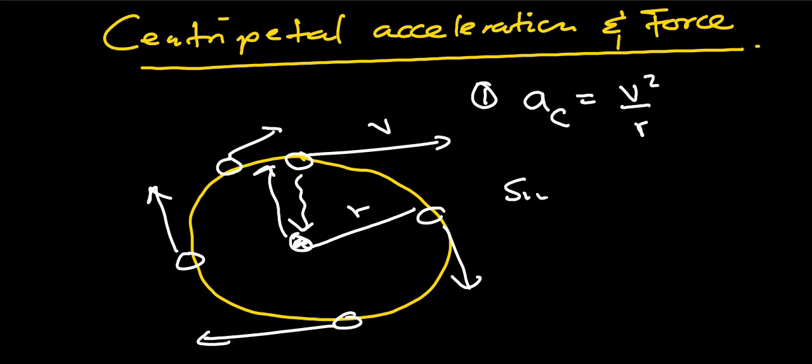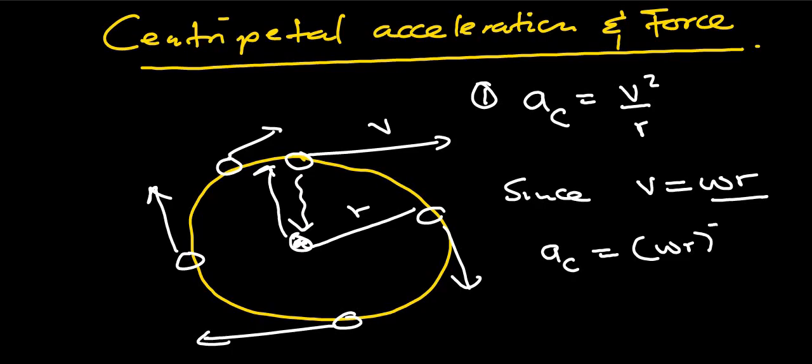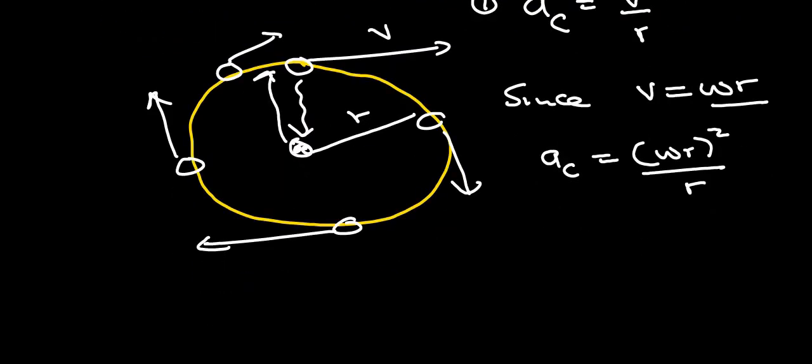Now, you remember we said v is the same as omega r, one of the relations between linear and circular motion. So where there's v squared here, we can replace it with omega r. Centripetal acceleration can be redefined: omega r, squared, over r. That is omega squared r squared over r.